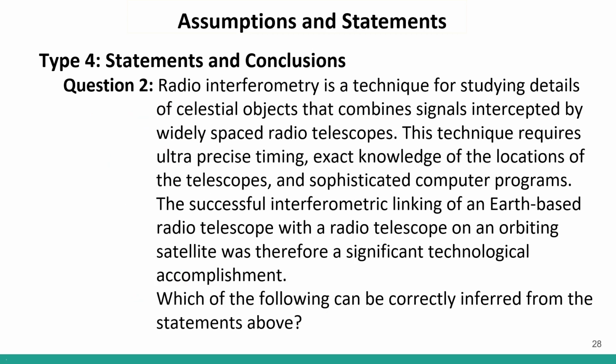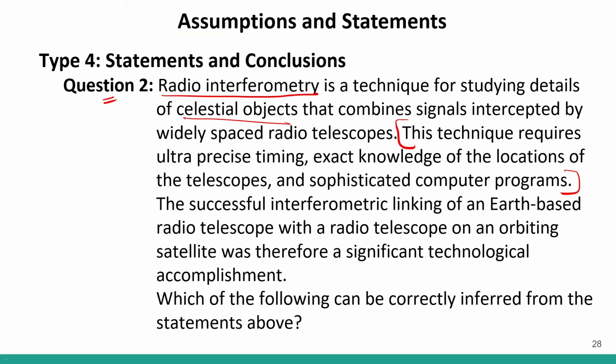Okay. Question number 2. Radio interferometry is a technique for studying details of celestial objects, meaning objects that are in space, that combines signals intercepted by widely spaced radio telescopes. This technique requires ultra precise timing, exact knowledge of the locations of the telescopes, and sophisticated computer programs.